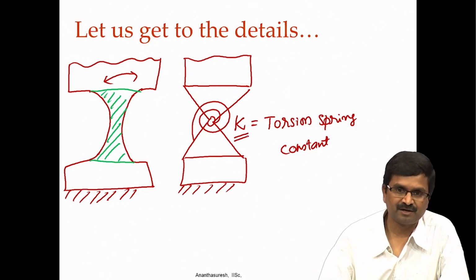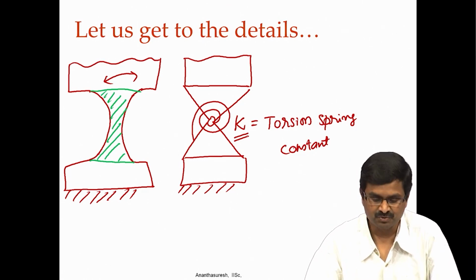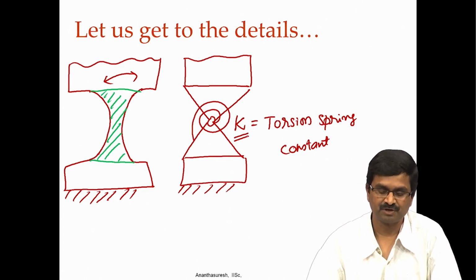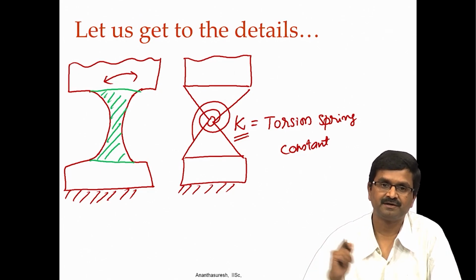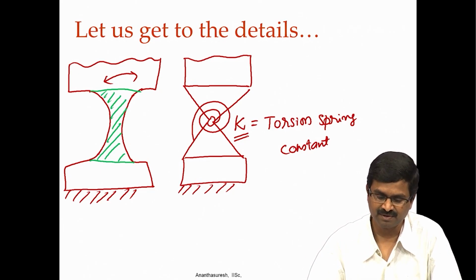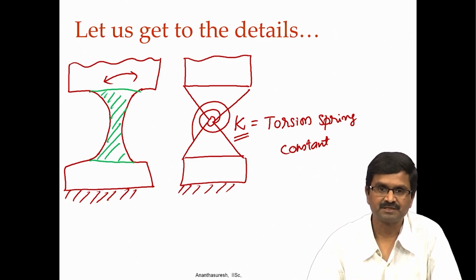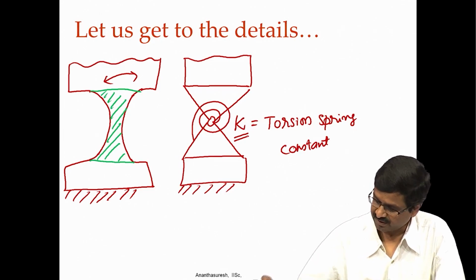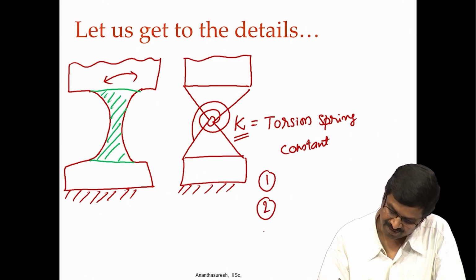Of course, we have finite element analysis to analyze this, but that may not be suitable when you try to design, because you have many elastic pairs in a complicated precision compliant mechanism, and if you know a simple formula for this kappa, torsion spring constant, then one can use it to design these mechanisms. Okay. So, there are three methods, actually one can say many more methods.